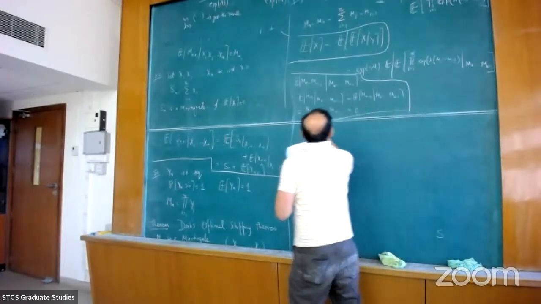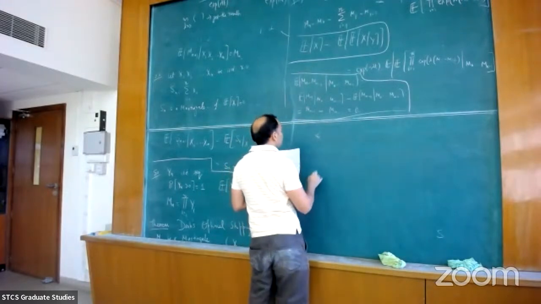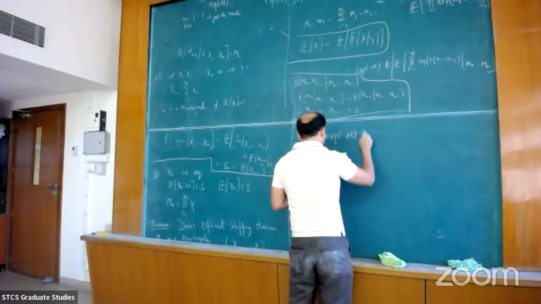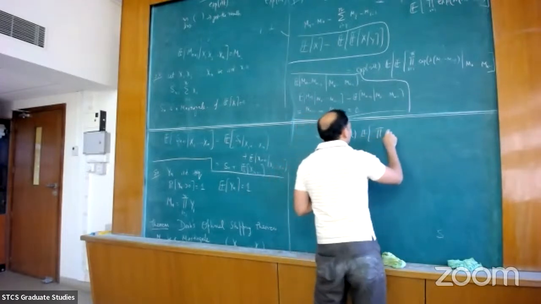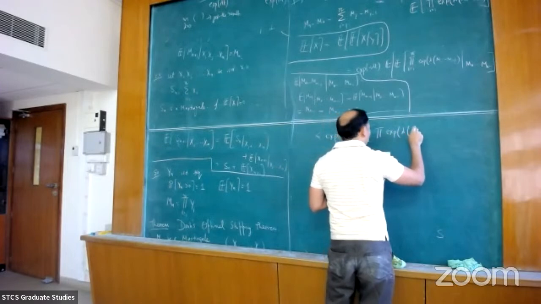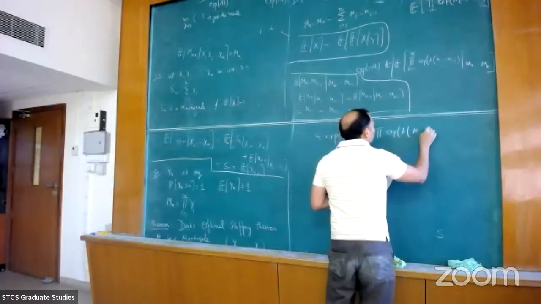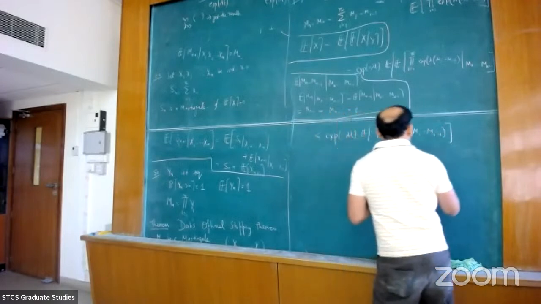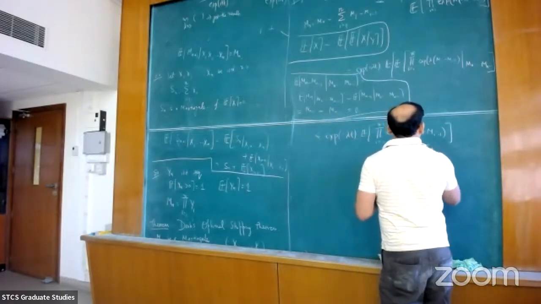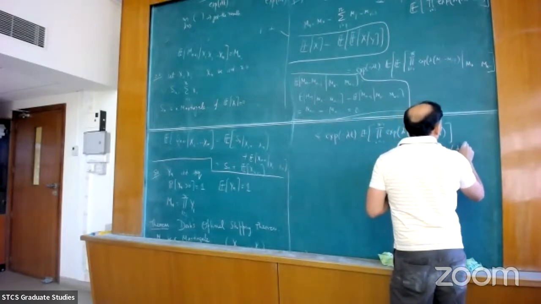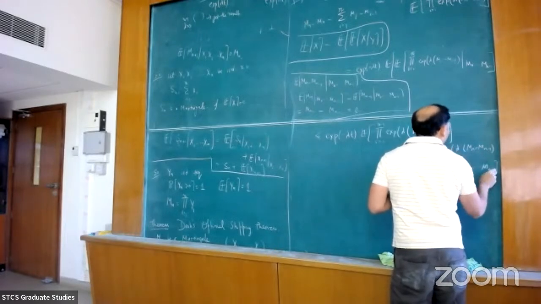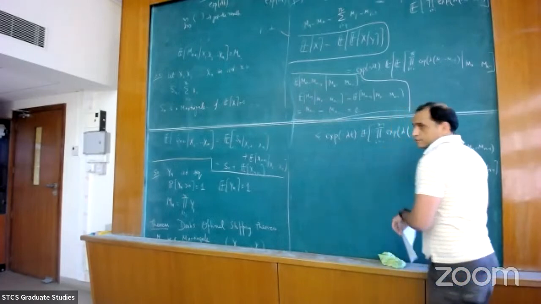So what this gives me is that this is less than or equal to e to the minus lambda t times the expected value of the product of e to the lambda Z_i, i going from 1 to n minus 1. Now this quantity is simply 1.